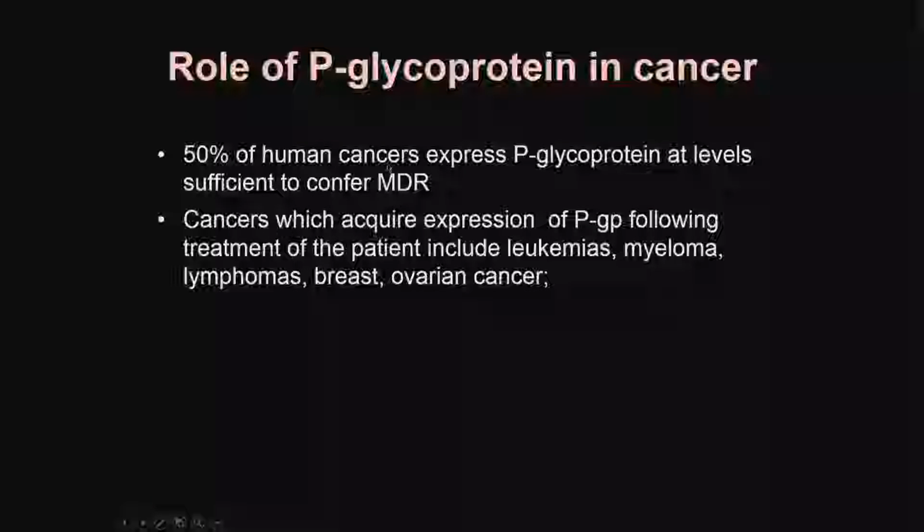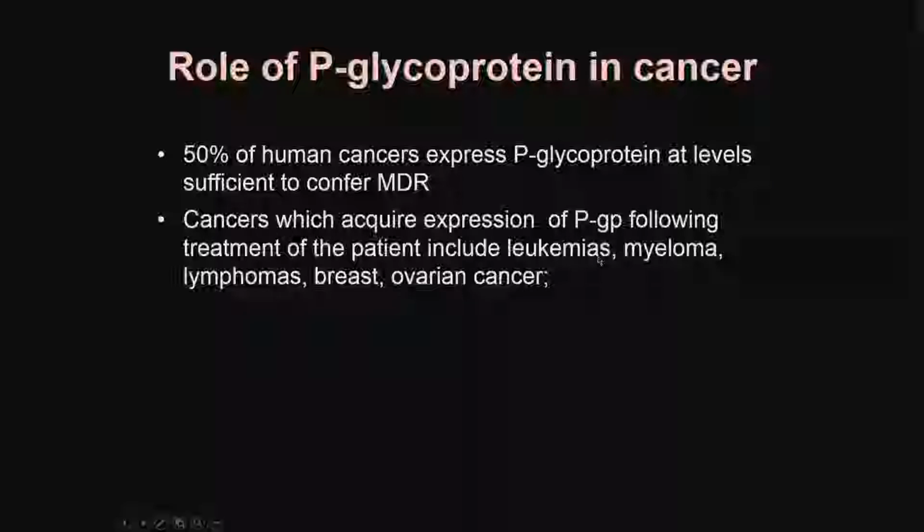So 50% of human cancers express a large amount of P glycoprotein. What it does is throw the drugs out, so the drugs do not act, and the cancer becomes resistant to drug therapy, okay. Cancers which acquire expression of PGB following treatment of the patient include leukemias.